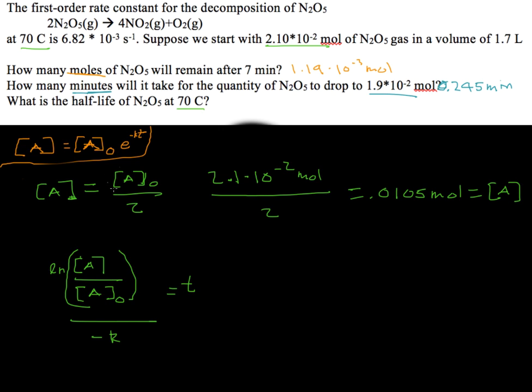And there's no units on here, so we'll just go ahead and leave it in seconds. We could do the same conversion back to minutes if you wanted to. We'll just leave it in seconds for now.